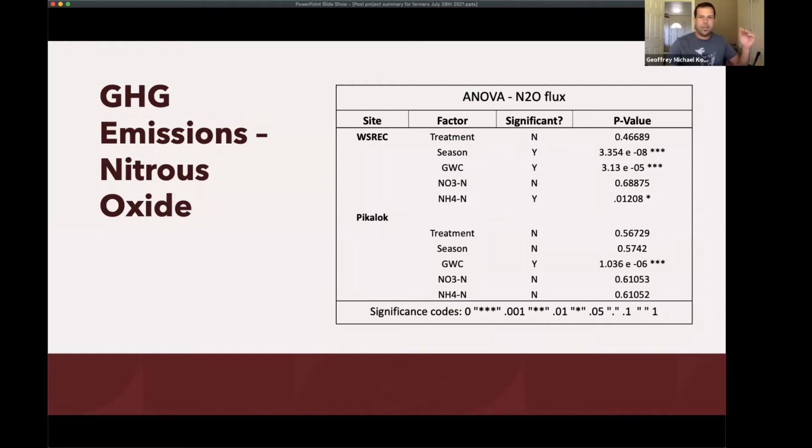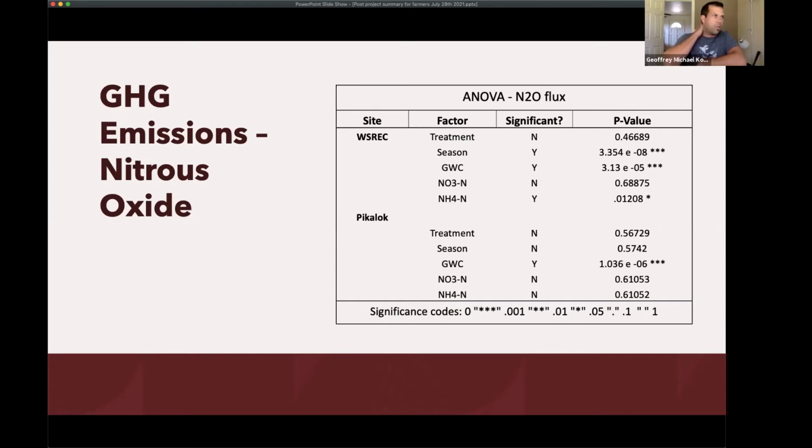So if you think of a dairy with a lagoon, N2O emissions. Rice systems, you get methane and N2O production in those types of systems. So we get a little bit of N2O production, but the production wasn't very high overall, even at this site. But again, this is just telling us a little bit about which factors impact N2O emissions.